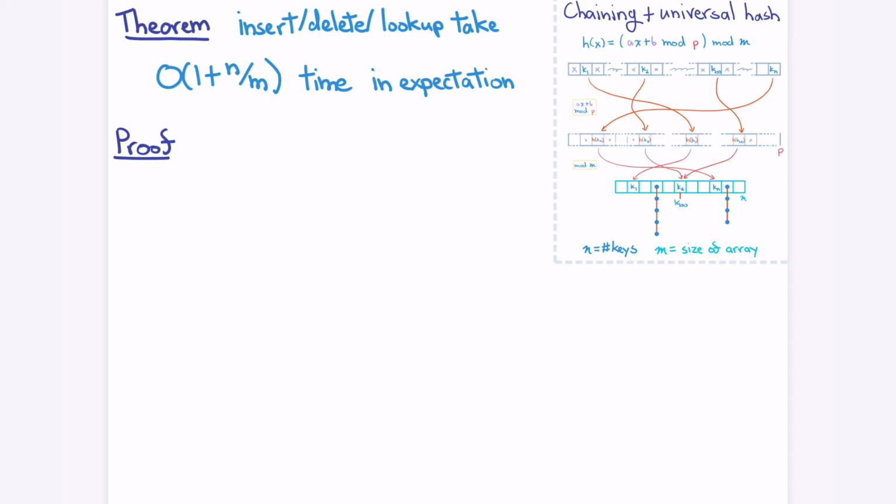Okay, so how do I articulate this? Maybe I might write first, fix a key K. Now the running time is going to be what? I hash and then I scan the linked list, right?